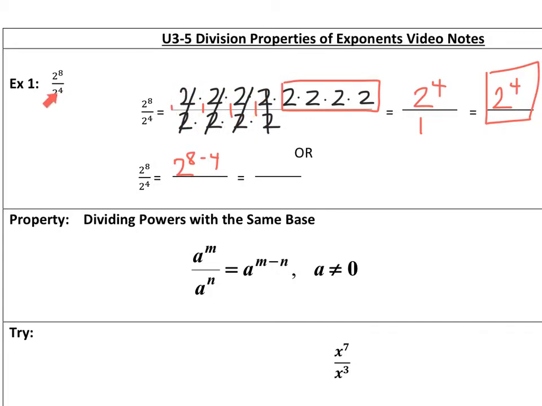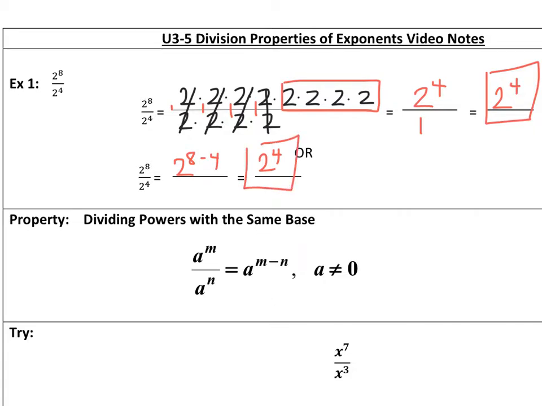So 4 of these 2's cancel out 4 of these 2's, and what we're left with on the top is just 2 to the 4th. We're not going to put it in standard form, we're not going to find the value of the expression. We're just going to leave it as 2 to the 4th.